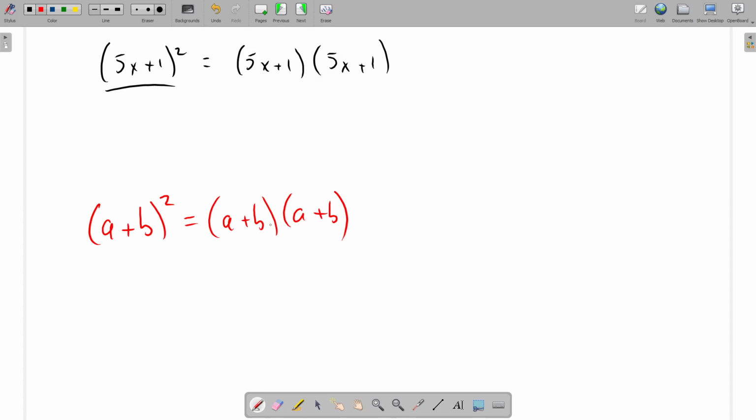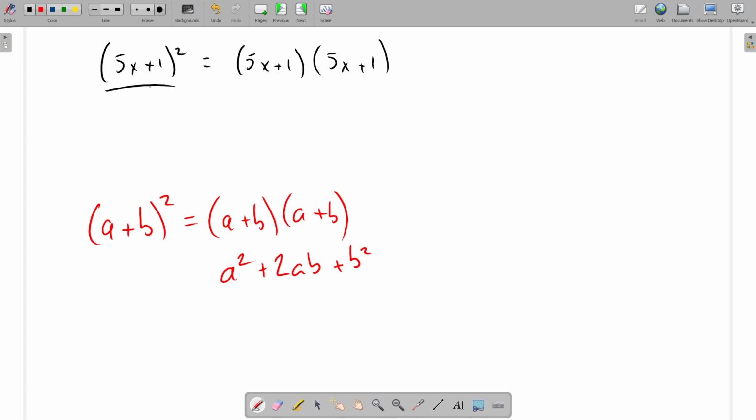A binomial squared looks like this, a plus b times a plus b. And if we FOIL it out, or do the box method or stacking method, however you prefer to multiply 2 binomials, you would end up with a squared plus 2ab plus b squared. So I know what the end result of a binomial squared should look like.